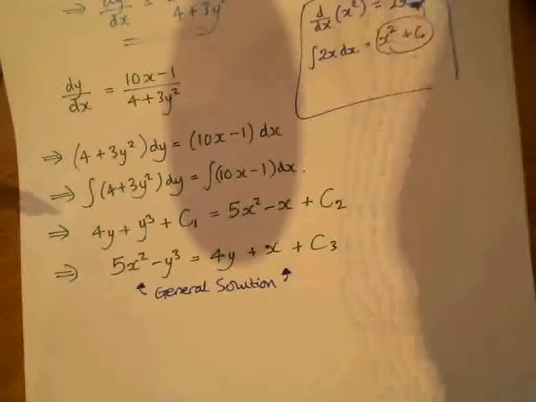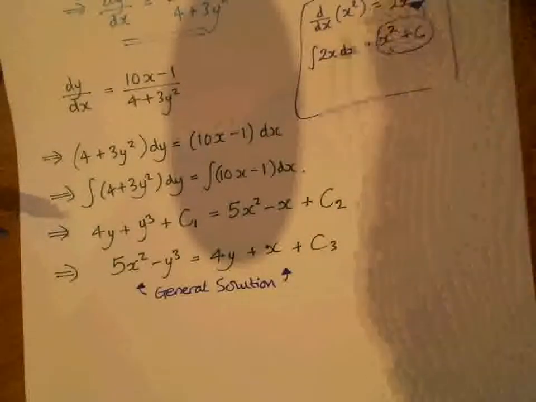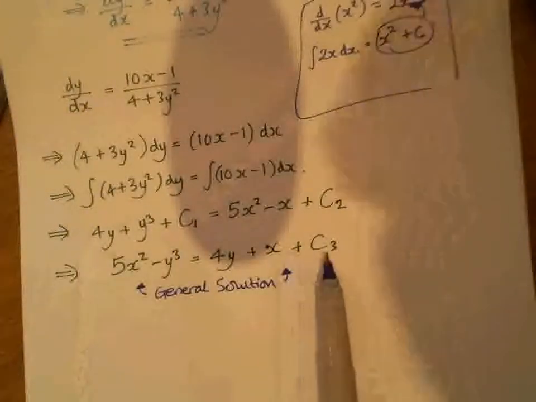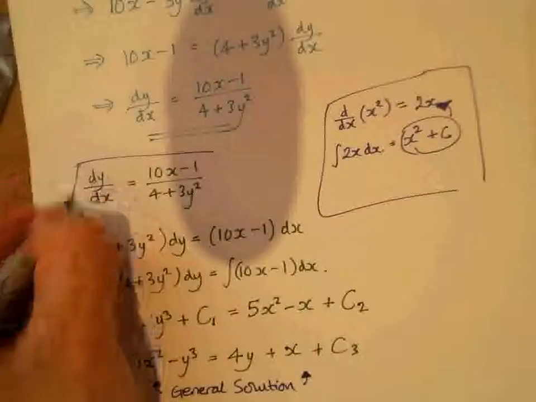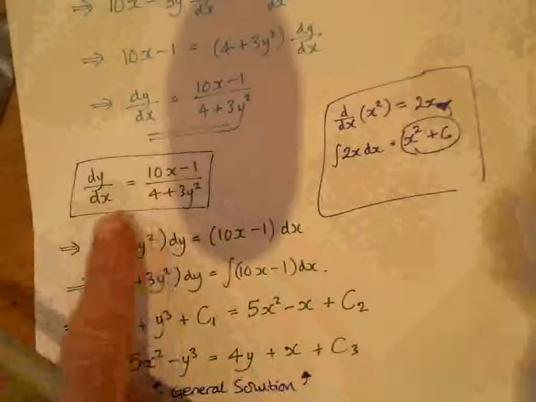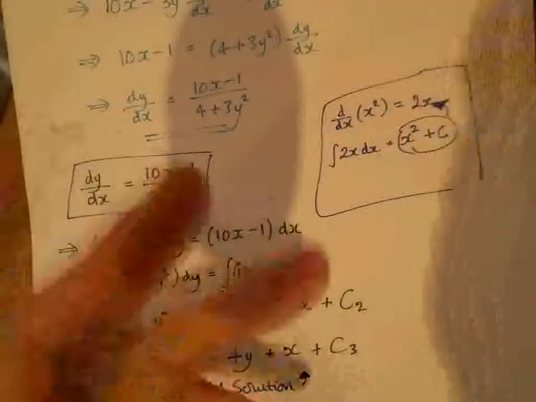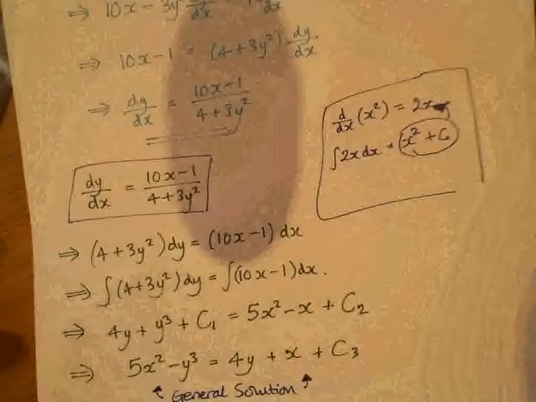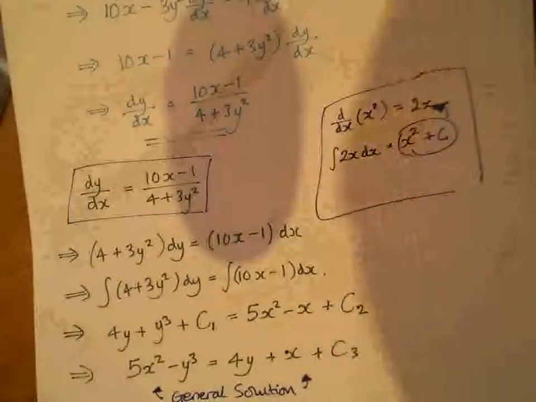As you'll see further on in the course, we would need to have some specific information about the situation, assuming we had some context, in order to determine what this is. So we might have this at the start, and then we may also be told that, by the way, it is observed that when y is such and such a value, when y is 8, for example, x is whatever value.